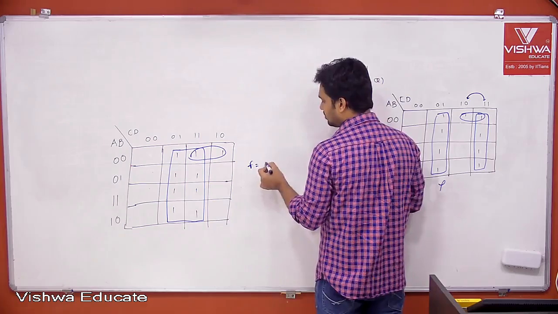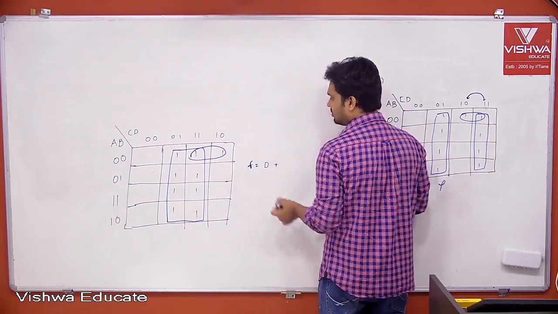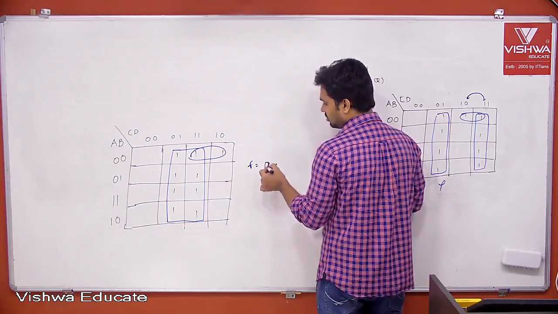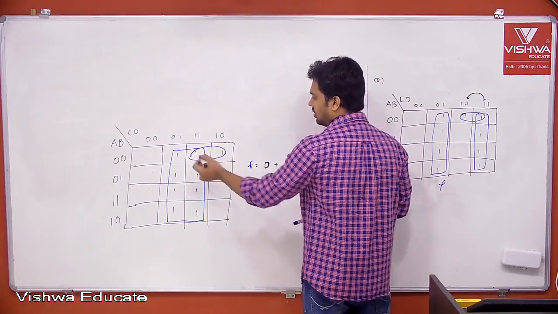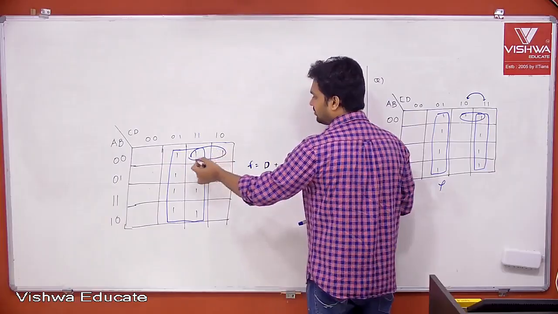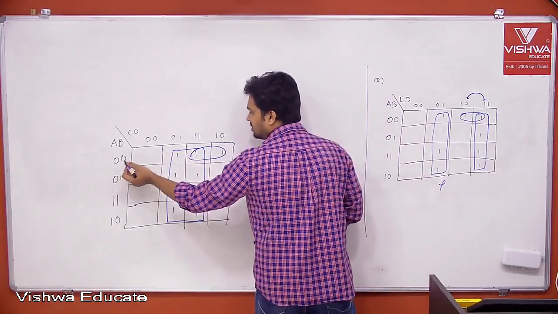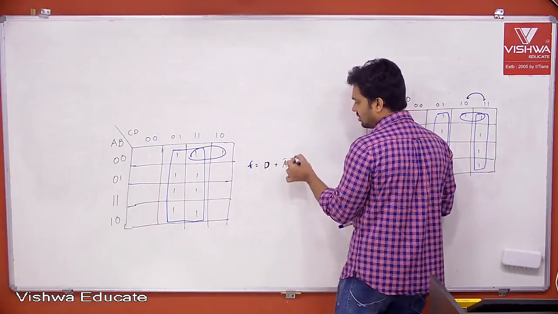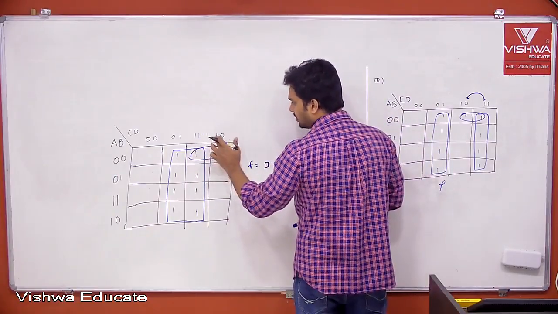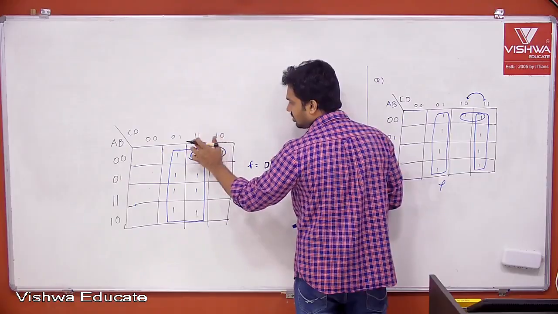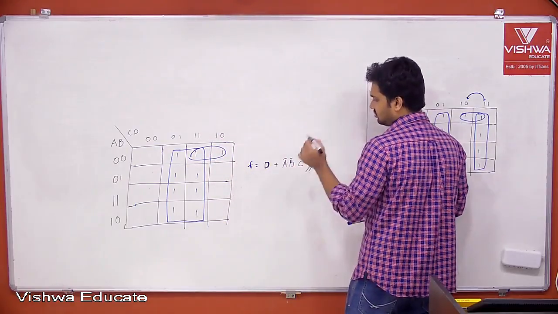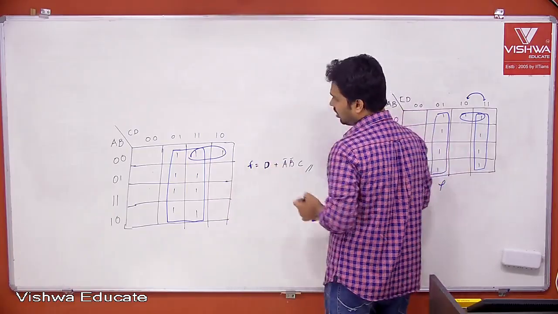D. Plus, in this pair, you observe 0, 0 means A bar, B bar. In these two, what is common here? First 1 is common here. 1 means C. Copy it.